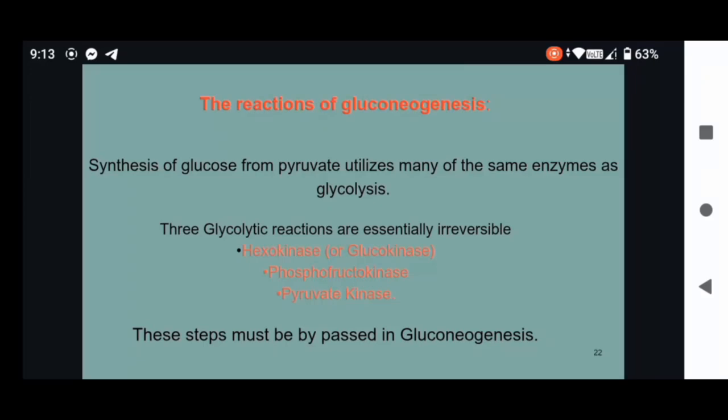The four unique reactions of gluconeogenesis are, first, pyruvate carboxylase, a biotin, vitamin-dependent enzyme located in the mitochondrial matrix. Second, phosphoenolpyruvate carboxykinase, located in both the mitochondrial matrix and cytosol. The third is fructose 1,6-bisphosphatase, located in the cytosol, and the last one is glucose 6-phosphatase, located in the endoplasmic reticulum.